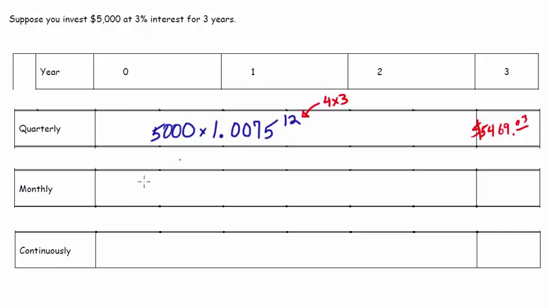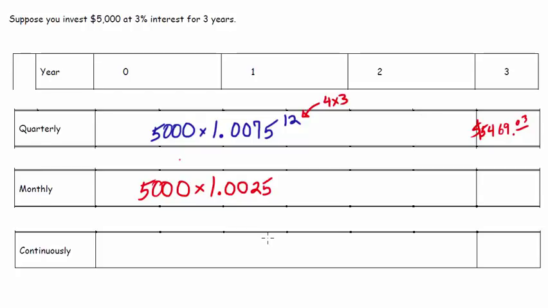So again, I'm going to start with 5,000. 1 point, because that's what I'm going to keep. Now I'm going to get a quarter of a percent every month. So a quarter of a percent times 12 months would give us the 3% annually.